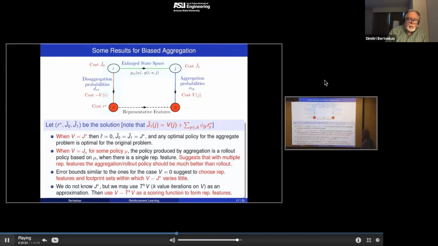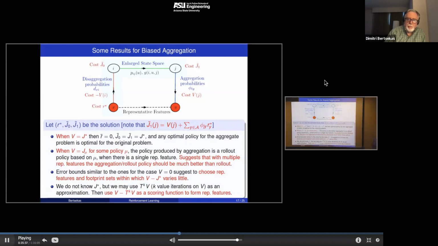Now, I'd like to use V minus J star to construct representative features, but I do not know J star. So one possibility is to use K value iterations on V to approximate J star. That will give me roughly the shape of this difference, which is what I need to know actually for picking representative features by using this expression as a scoring function.